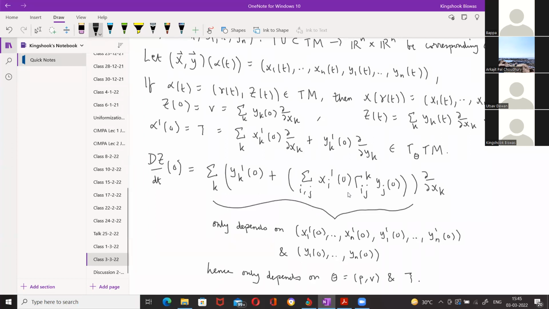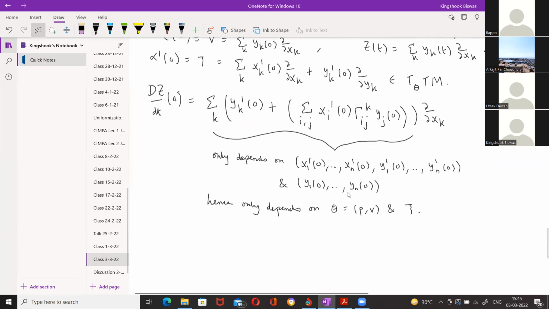Is this clear? Yes. Therefore, this is well defined, right? So k theta is well defined.